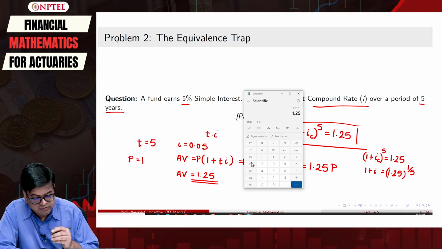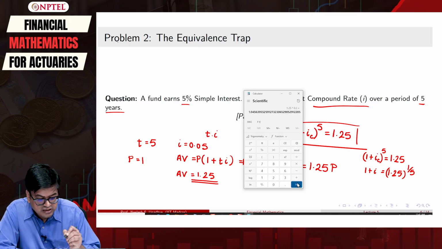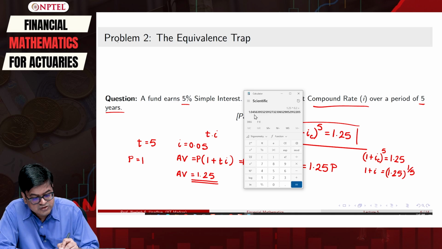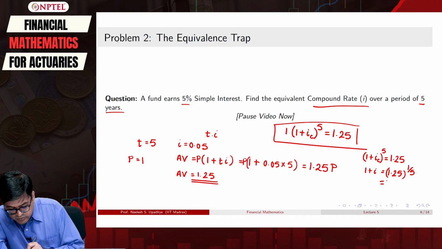So I will say raised to 0.2. That will give me a number which is 1.04563, so I will round it to 1.04564.